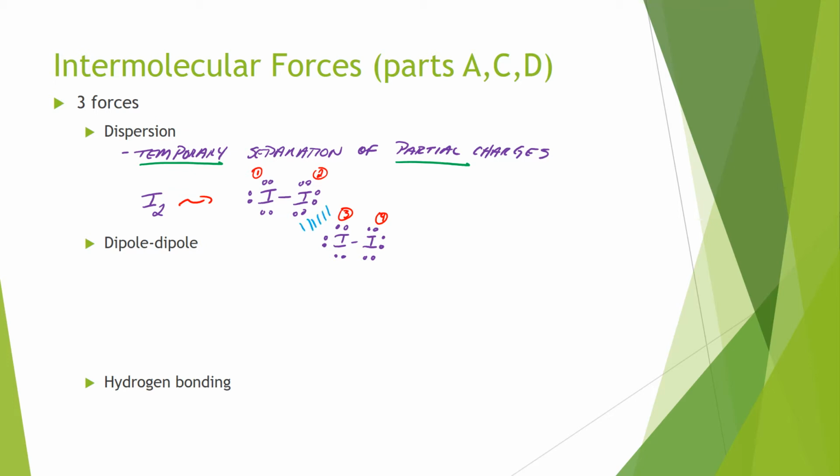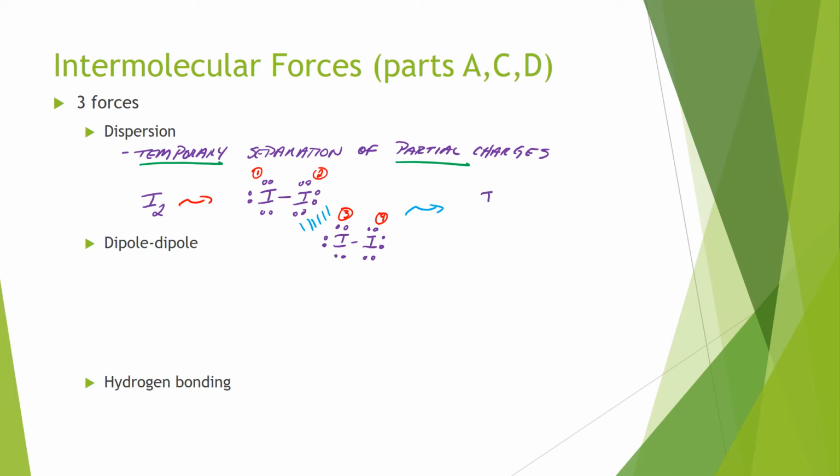We have negative electrons on iodine number 2 interacting with negative electrons on iodine number 3. Two negative things are going to repel each other. Let's draw a blue line here to indicate what happens after that repulsion.